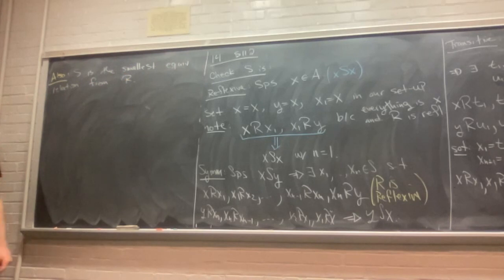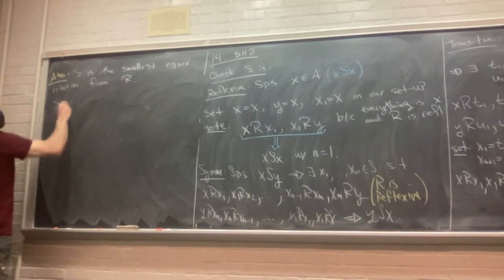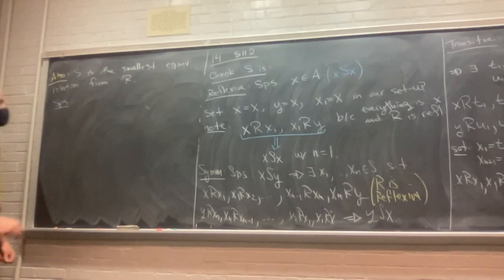So how do you prove this? Well, what you want to do is suppose that we have another equivalence relation. I don't know what you want to call it. T? Yeah.